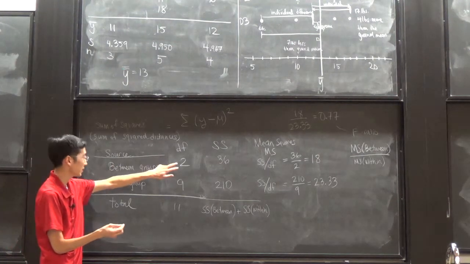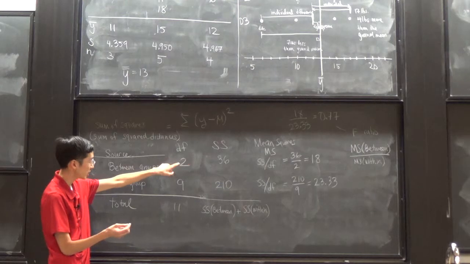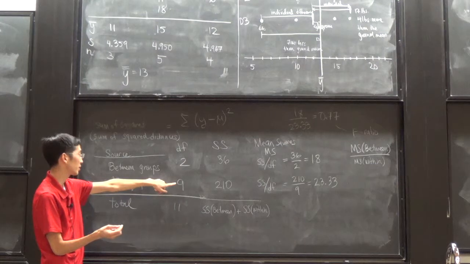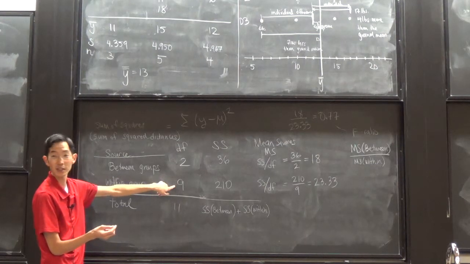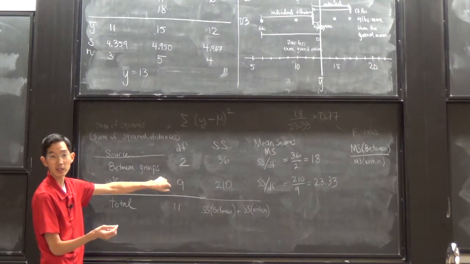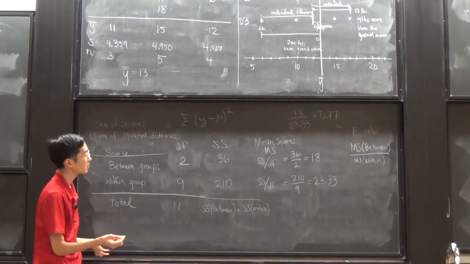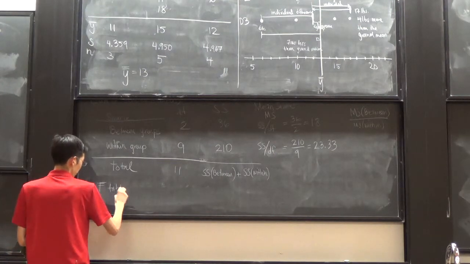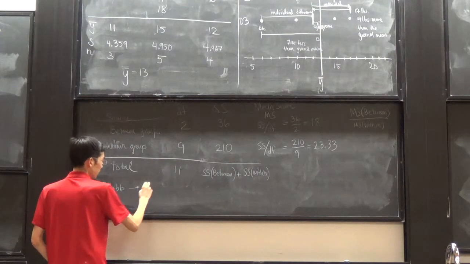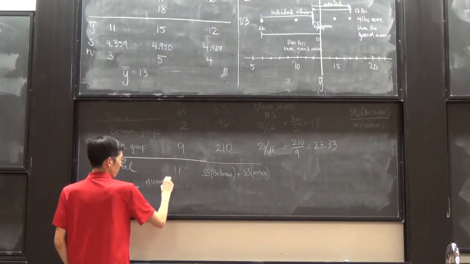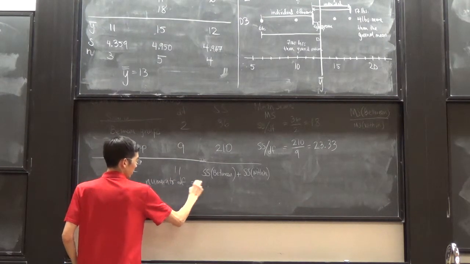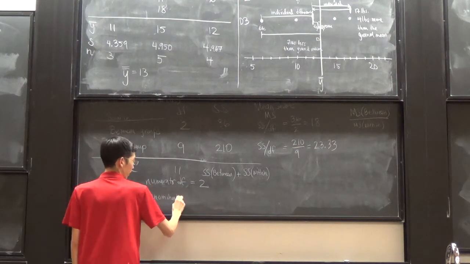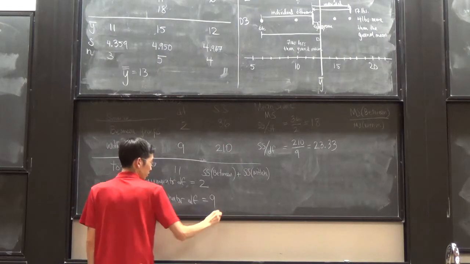Our F ratio has a numerator, 18, and 18 has 2 degrees of freedom associated with it. And denominator, 23.33, and it has 9 degrees of freedom associated with it. And so to use the F table, we have the numerator degrees of freedom, which is 2, and denominator df, which would be 9.